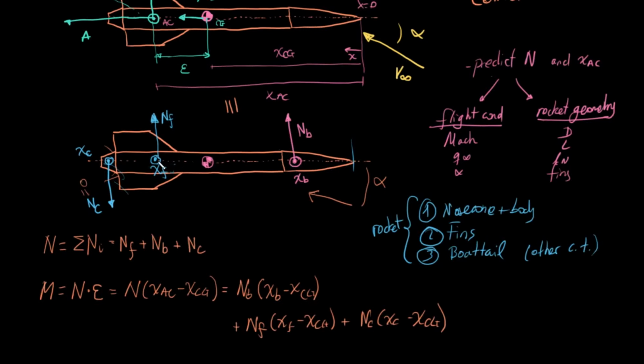So if we don't have any fins at all, we're only going to have a non-corrective moment, due to the body destabilizing it.